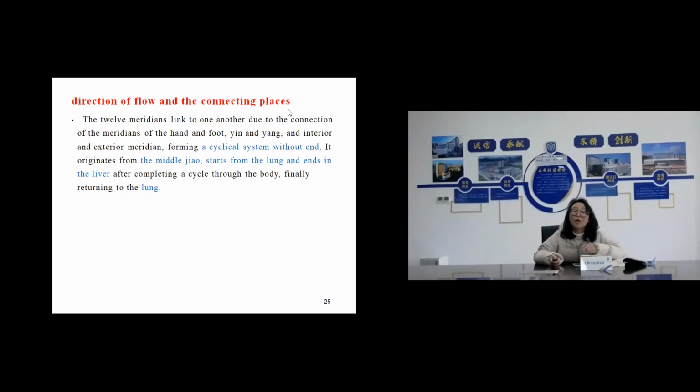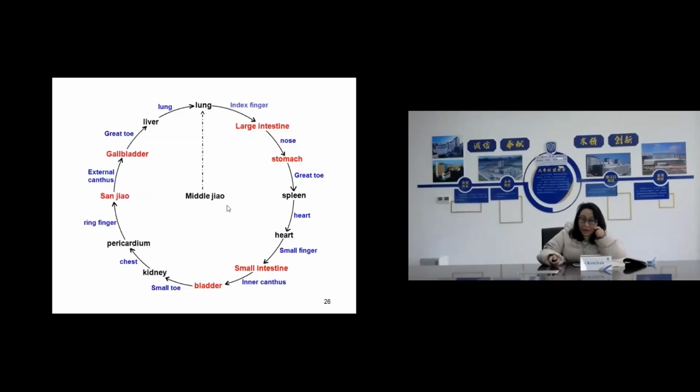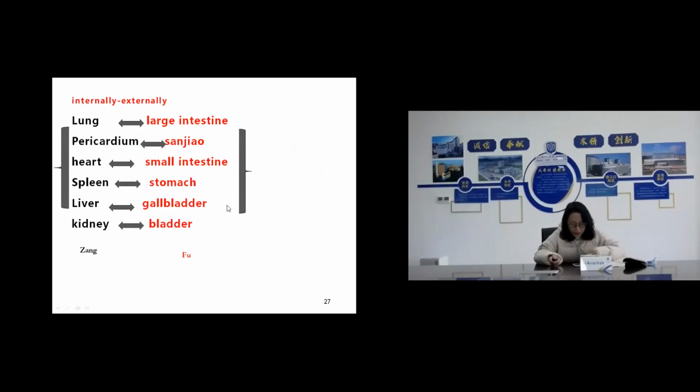Here's the picture of the circulation of the qi and blood in the 12 regular meridians.